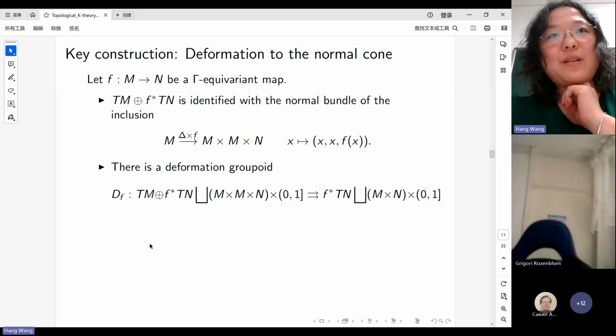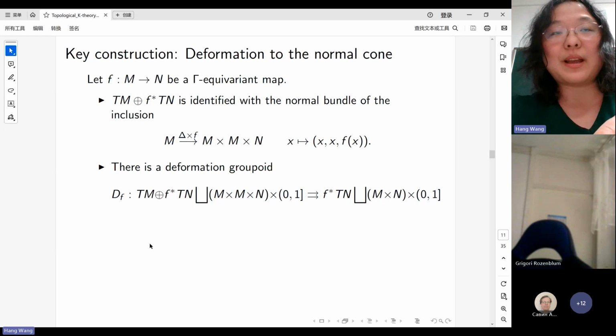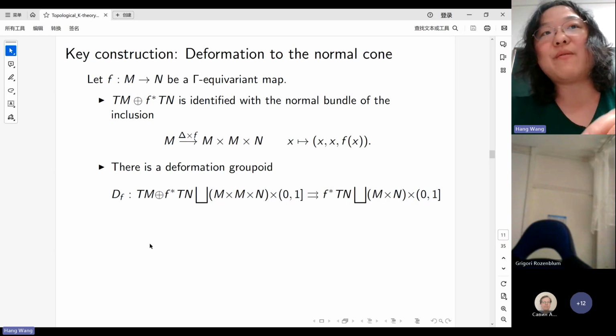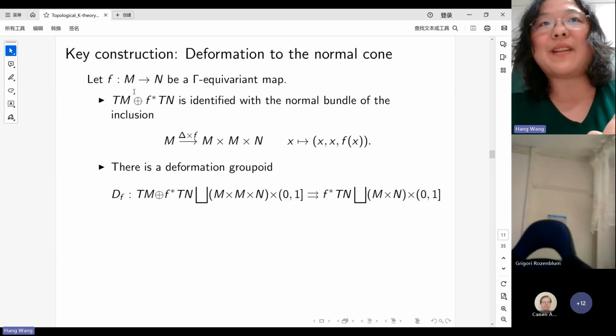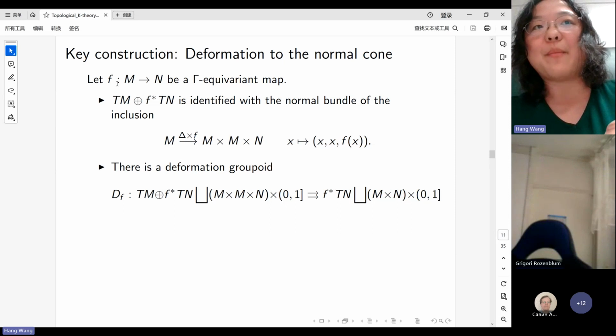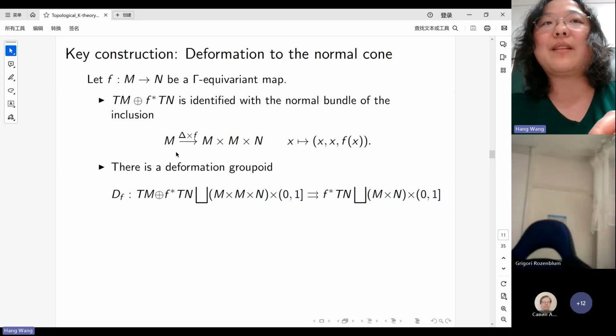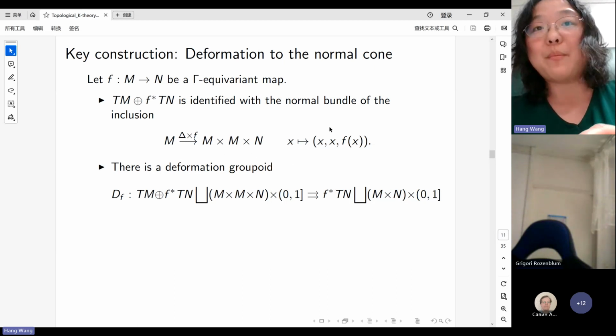How is the push-forward map on K-theory defined? It involves the formulation of a deformation groupoid. If one has a gamma-equivariant map f, then one can include M into M cross N using the diagonal map and the map f.